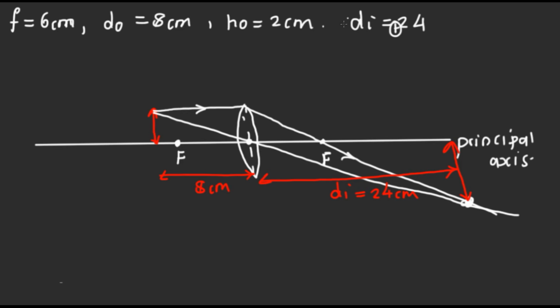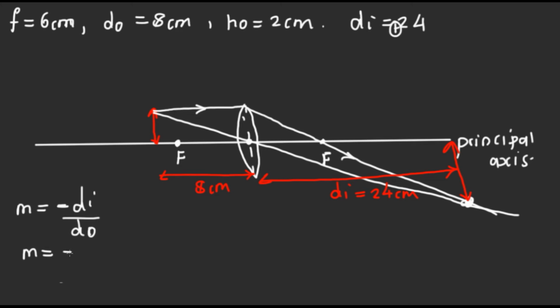Now let's look at the height of an image. So for the height of an image, we can first find the magnification. So magnification is equal to negative distance of an image over the distance of an object.